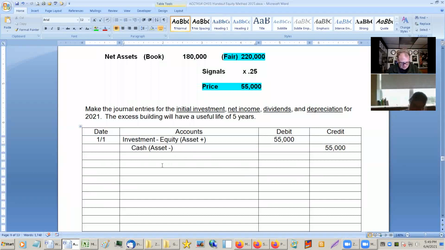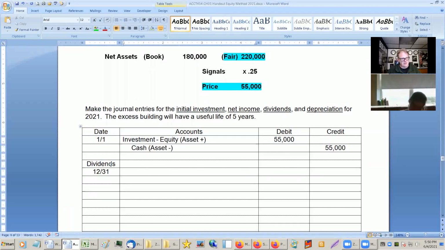So this will be the dividends. I'll put it over here so it's not a part of the entry. Dividends, this is 12/31.